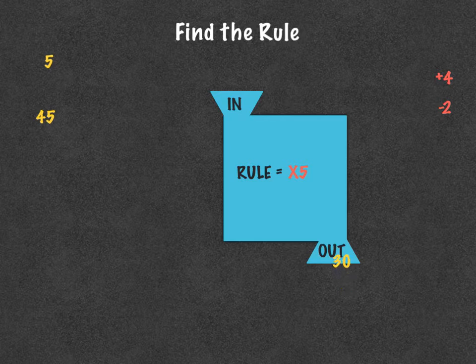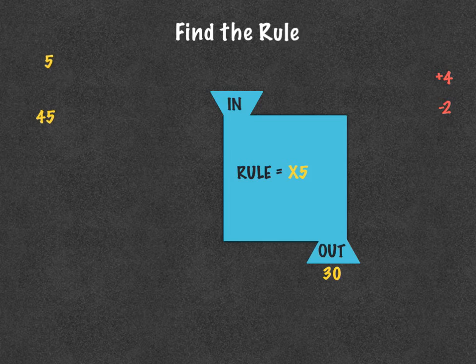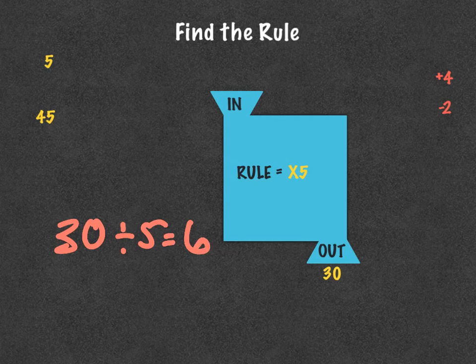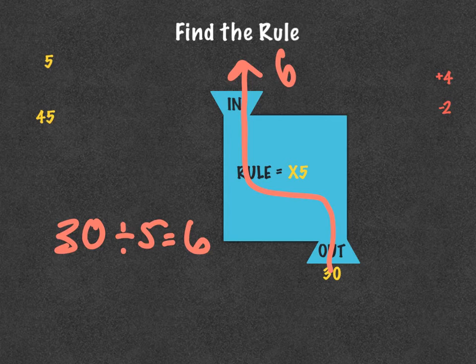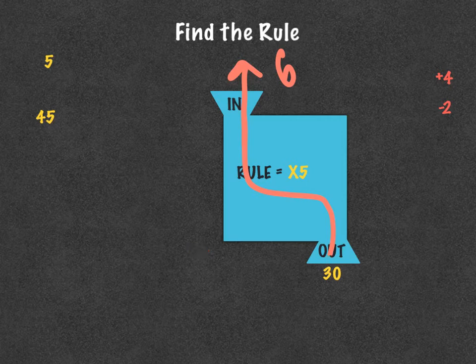So if I put the 30 through the function machine backwards, instead of multiplying by 5, I'm going to end up dividing by 5. So 30 divided by 5 equals 6. So that's how you can use your function machine either forwards or backwards.